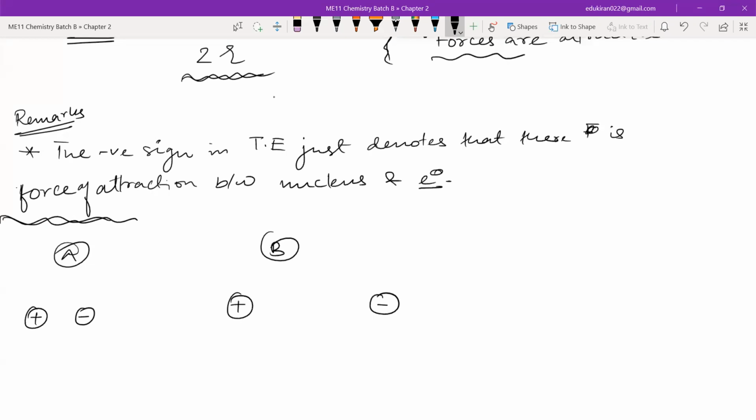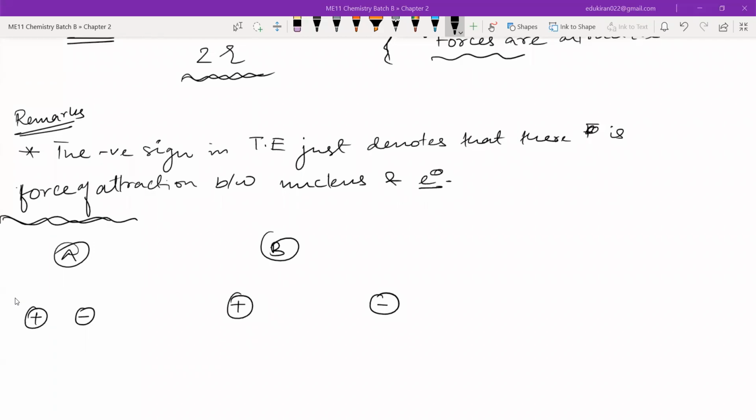Now tell me, where is the attraction more? Abhinav, can you please speak? Where will the attraction be more, in the A case or the B case? A case, sir. In the A case, the attraction will be higher, right? If the attraction is higher, that means the energy will be more negative.